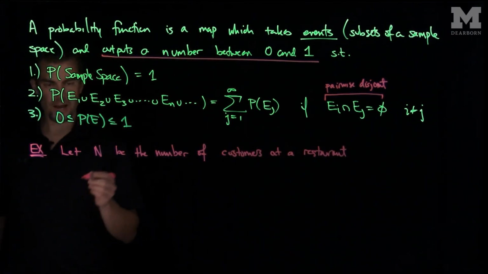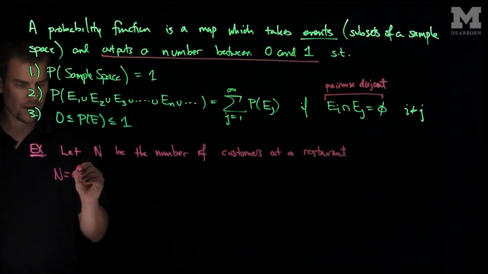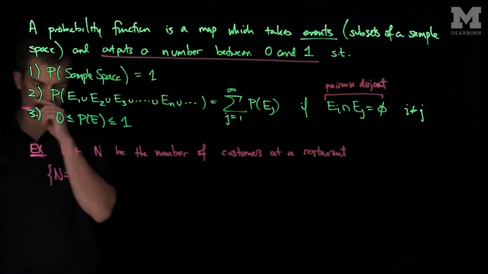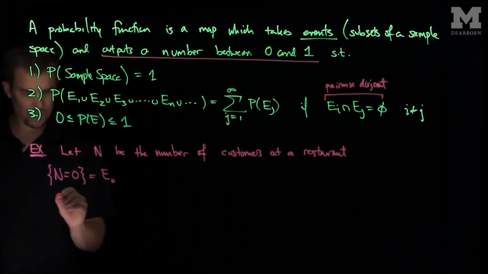So what can happen? N can be equal to 0. Let's call this event over here, that there are 0, E sub 0.